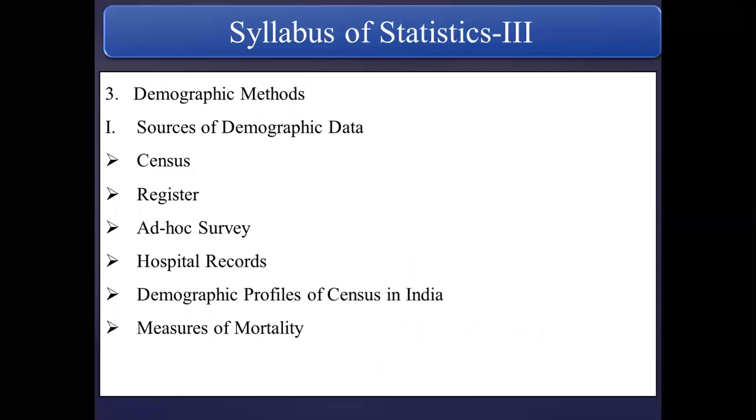And last but not the least, the third chapter or unit is demographic methods. Now, in demographic methods, we will see sources of demographic data. What do you mean by sources? That means from where we can find or obtain the information about demography.